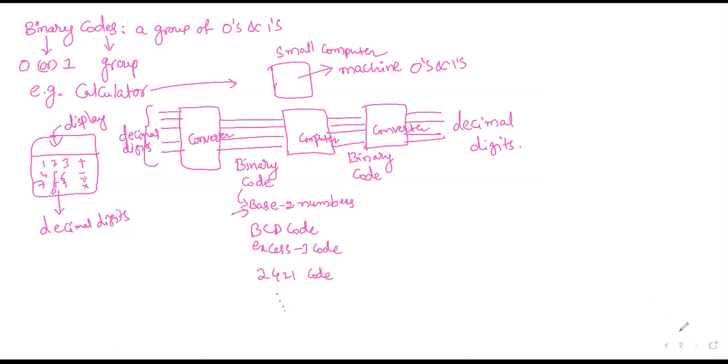Now, binary code is nothing but a group of zeros and ones, and we do not have only one unique binary code. We have different binary codes.